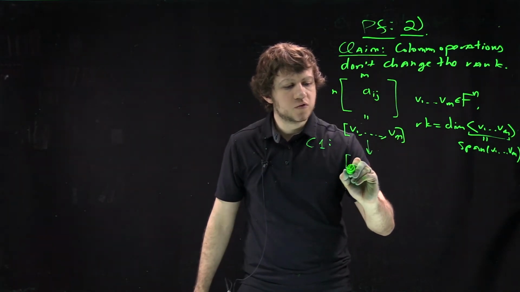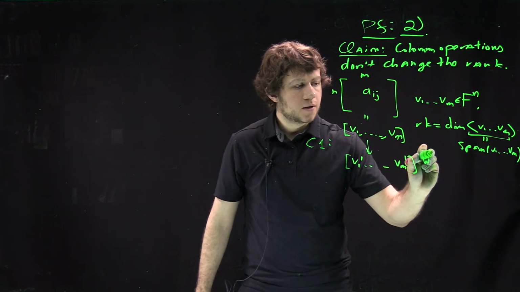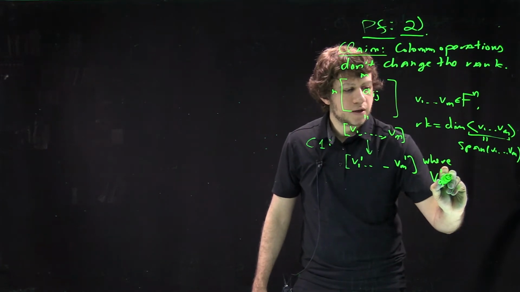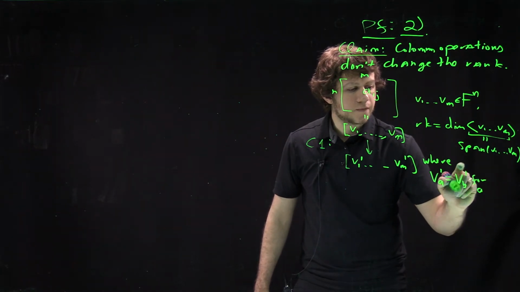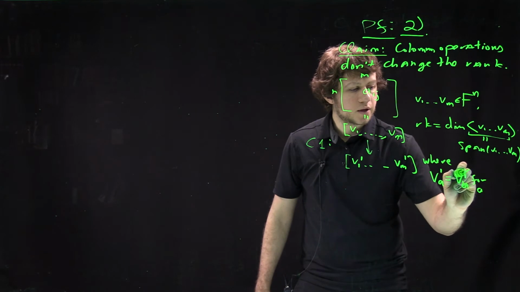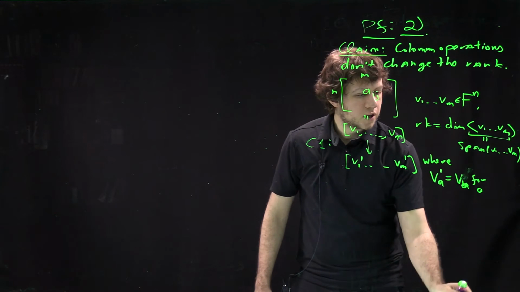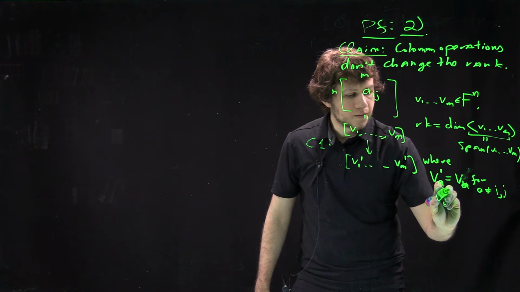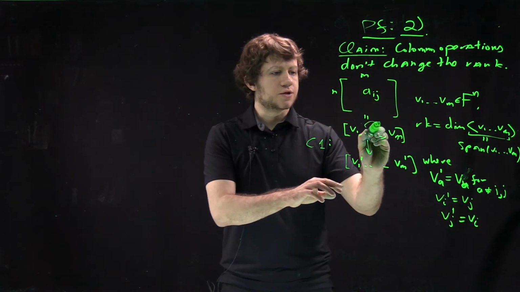What it does is move it to a matrix v1 prime up to vm prime, where va prime equals va for a not equal to i or j, vi prime equals vj, and vj prime equals vi. So we just exchange two vectors.